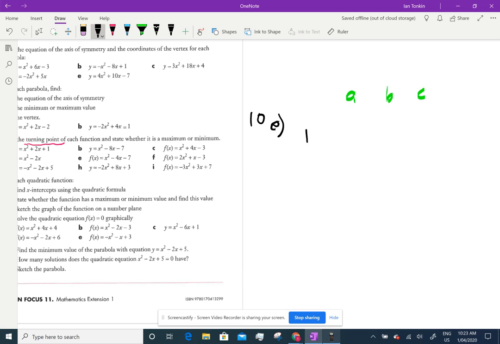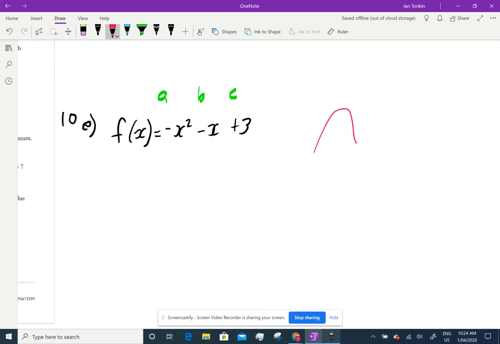So 10E. What do we got? F of x equals negative x squared minus x plus 3. First of all, this is a negative parabola. The y-intercept is 3. So let's find the vertex. X equals minus b, so minus minus 1, on 2a, 2 times minus 1.